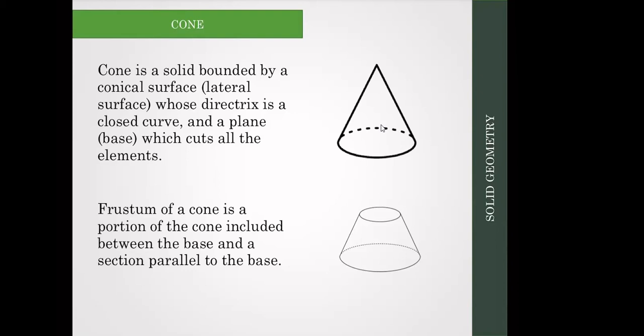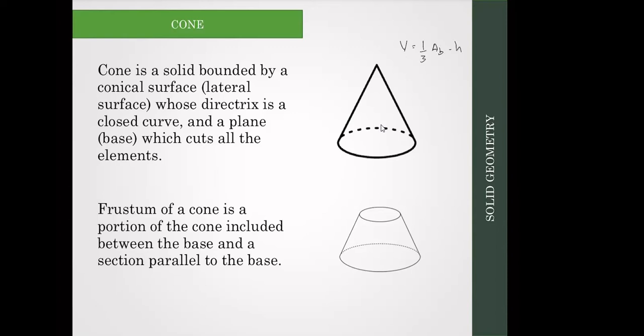Okay? And si cone, meron tayong formula sa kanya. Formula natin kay cone, in general, volume is equals to, since nag-slant yung side niya, 1/3 area ng base times height.